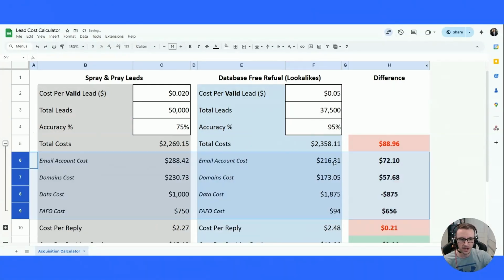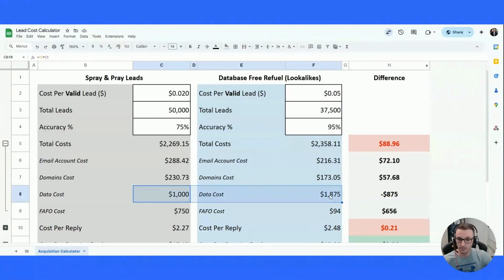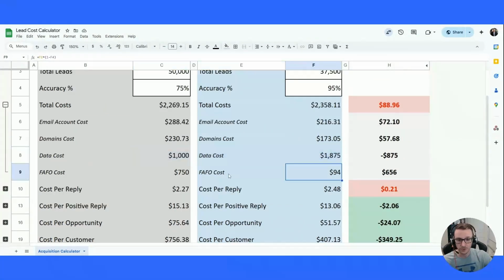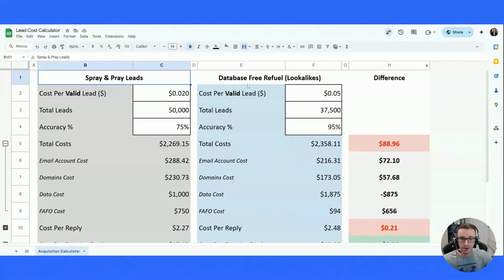Now, to estimate our costs, we're going to have slightly lower costs on email accounts, slightly lower costs on domains. We don't have to have as much infrastructure, but our lead data cost is absolutely going to cost more money. Okay, and our FAFO costs, fuck around and find out costs, are going to be significantly lower because you're not exporting, importing lists, you're not dealing with replies in the inbox, you're spending less labor costs managing some of those stupid little activities that you wouldn't normally have to do, and experiencing the unintended consequences of bad spray and pray lead data.